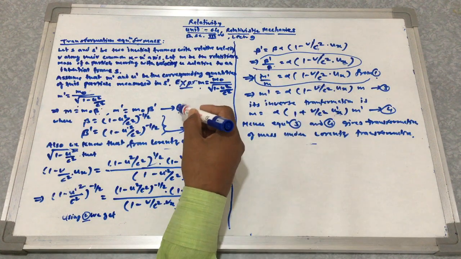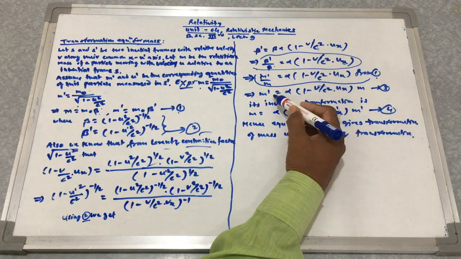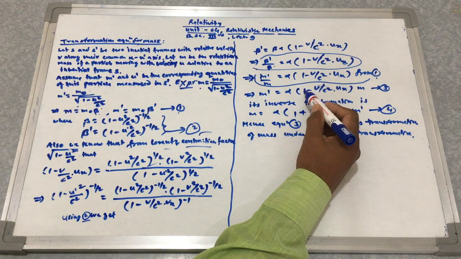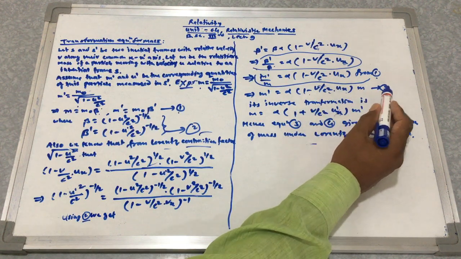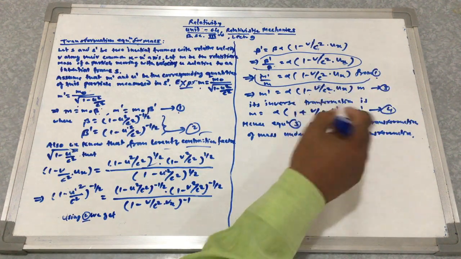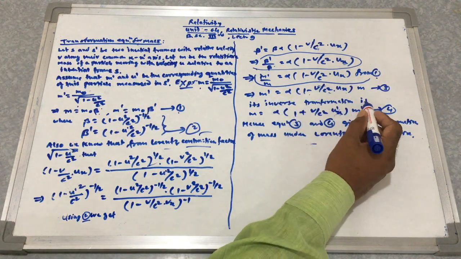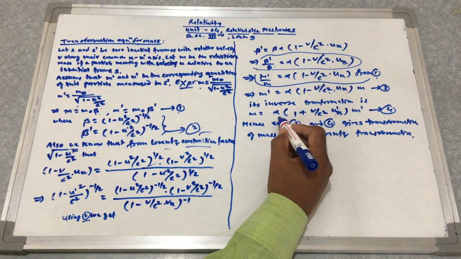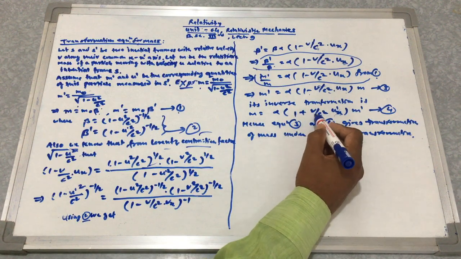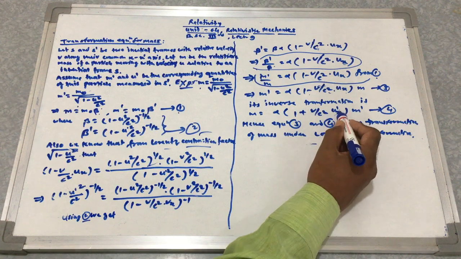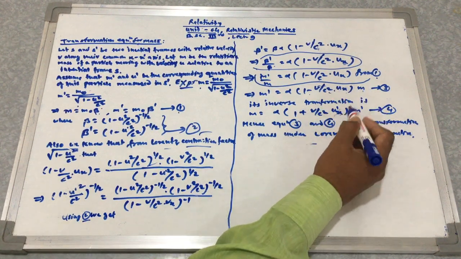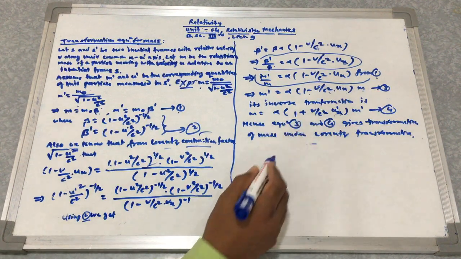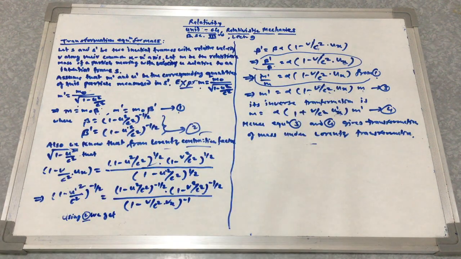So m dash is equal to alpha into 1 minus v upon c square into ux, bracket complete, into m. This is equation 3. Its inverse transformation is m is equal to alpha into the bracket 1 plus v upon c square into u dash x, into m dash. This is 4. So equations 3 and 4 give the transformation of mass under the Lorentz transformation.